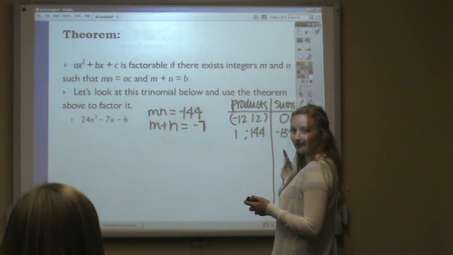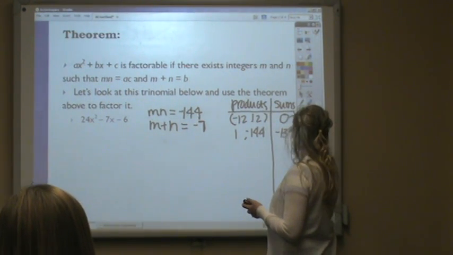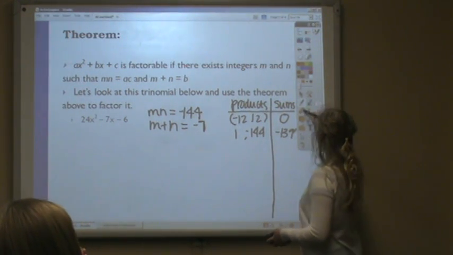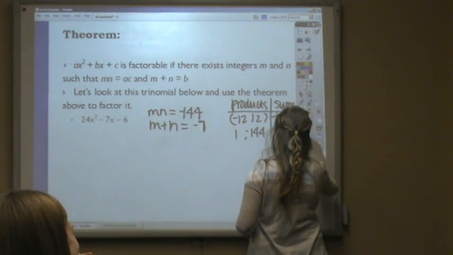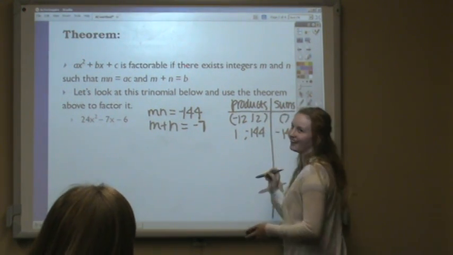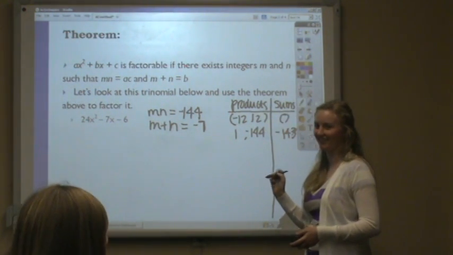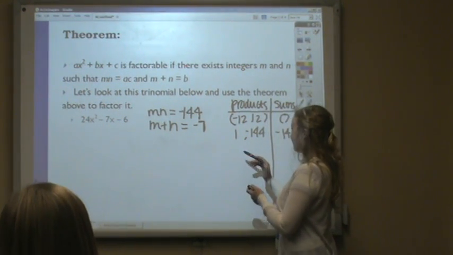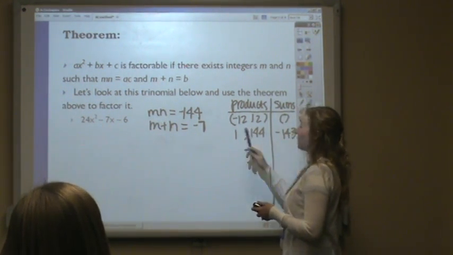That doesn't work. The sum is negative 143, we're at negative 7. Okay, I said 11 minus 8 was 5 the other day. So we know that negative 143 is not negative 7.